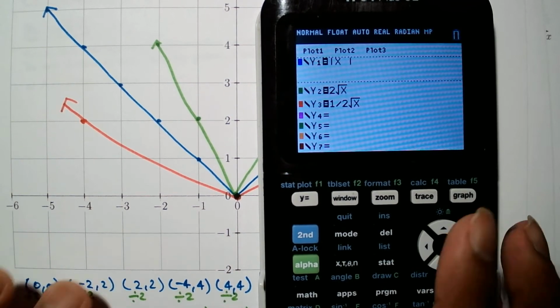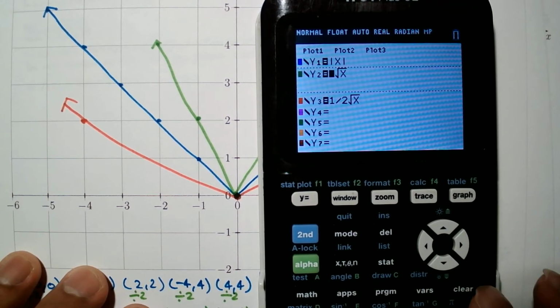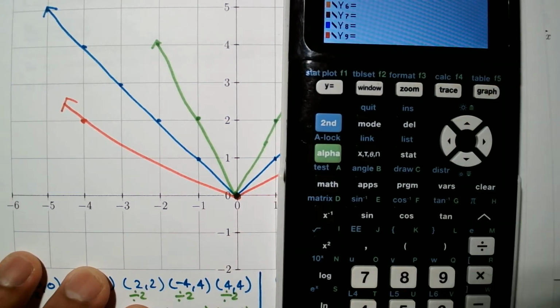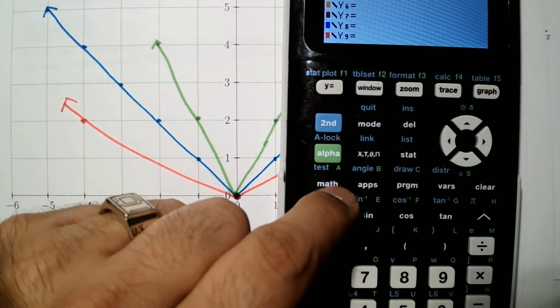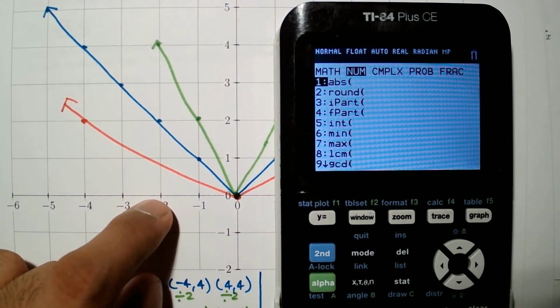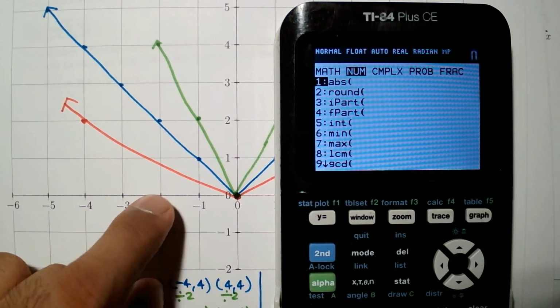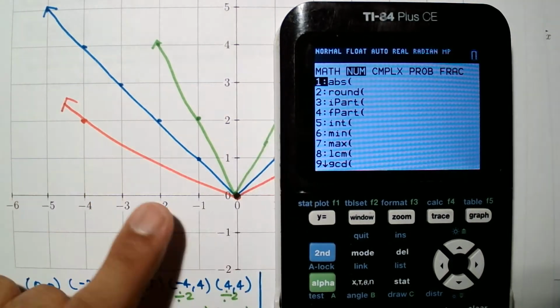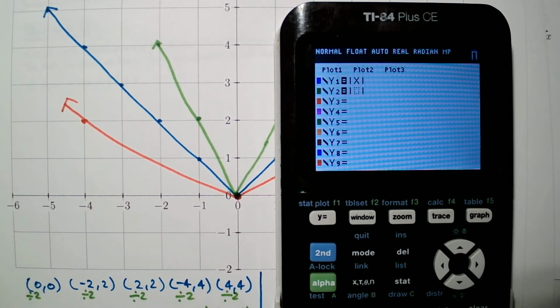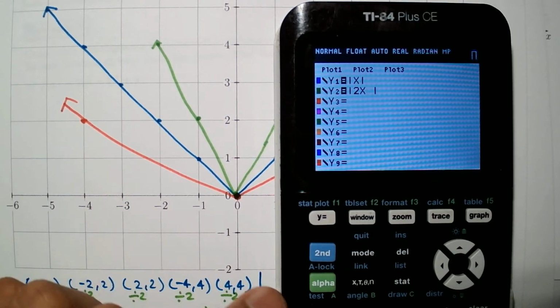Okay, then I'm going to go to the second. Let me clear, and again I'm going to open absolute value bars by clicking math, scrolling one to the right to get to num, and clicking enter because the one I want is already highlighted, and that's going to be 2x.